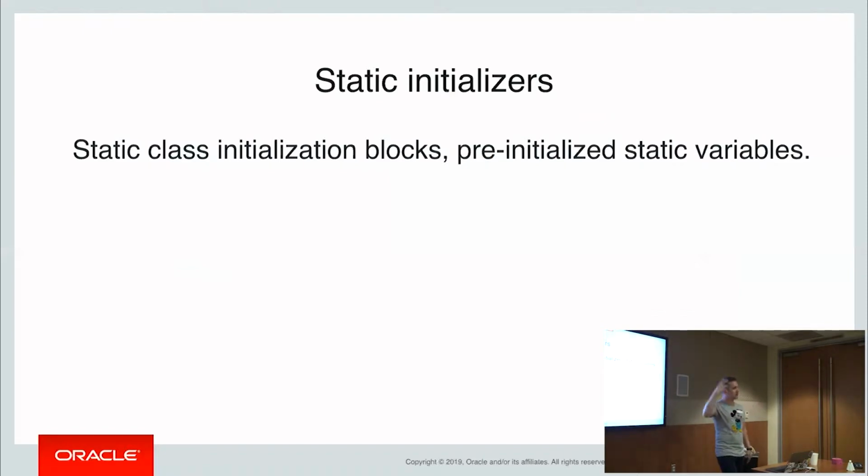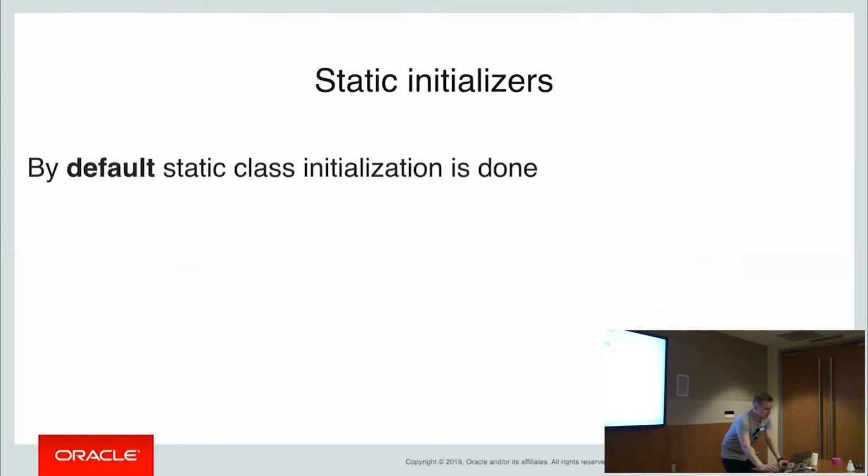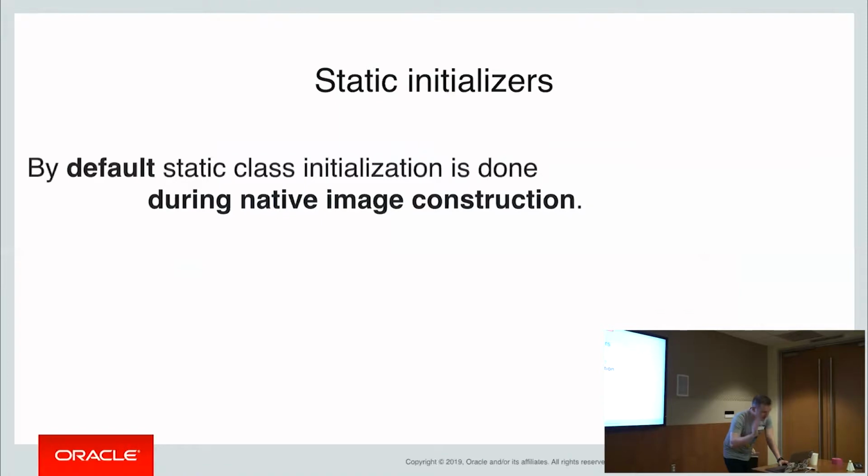We can also run them at the actual runtime, but for speeding up the startup, it's very useful to be able to run those at the image generation time. Which means that sometimes, and before it was done by default during the construction of native images, I think currently it's a mixed approach. For some classes, it's by default still. For some packages, it's done during the native image construction. For others, it's delayed to runtime.